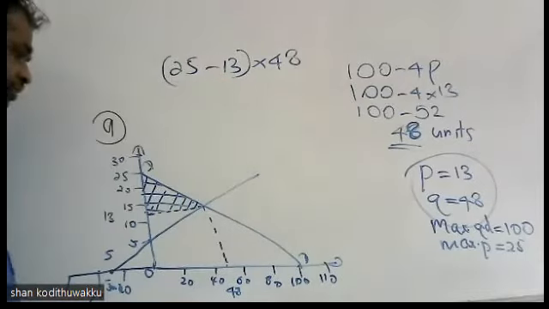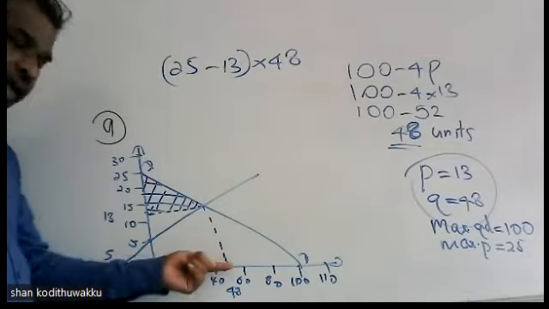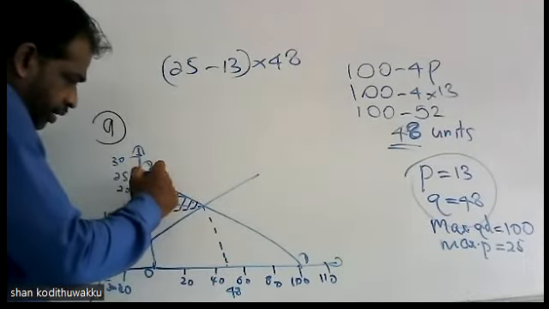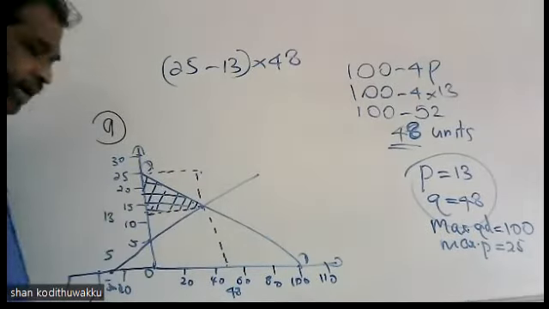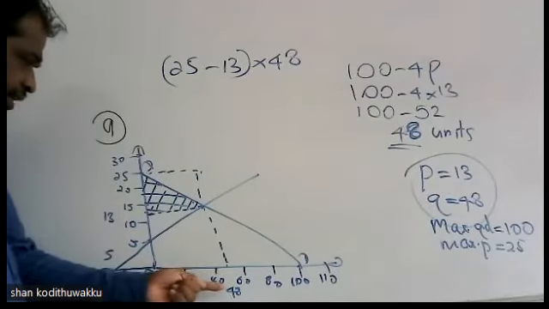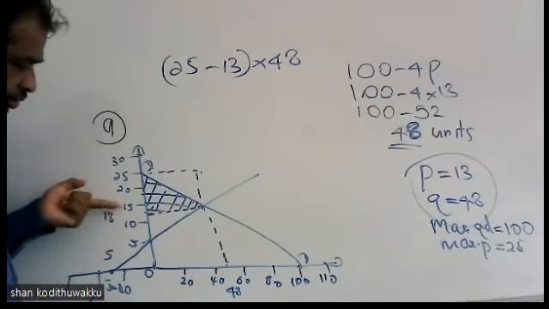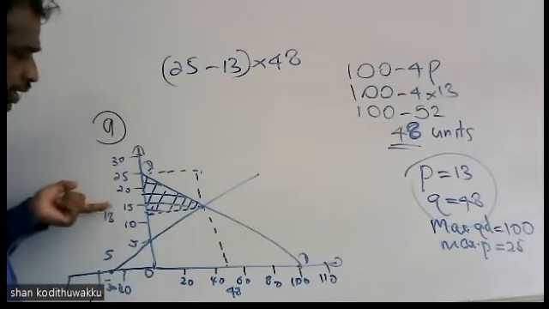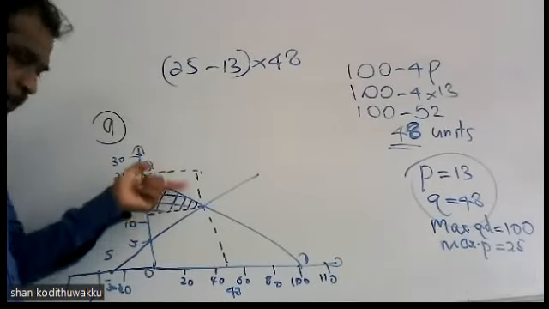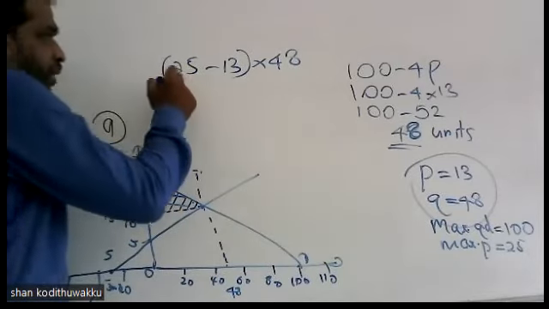But that is wrong, because when you take 48, it will represent the whole area, but we consider only one part. When it comes to this rectangle, the width is 48. The difference between 13 and 25 will be the full rectangle. But as we have taken half of the rectangle, that is the triangle, we have divided this part by 2.